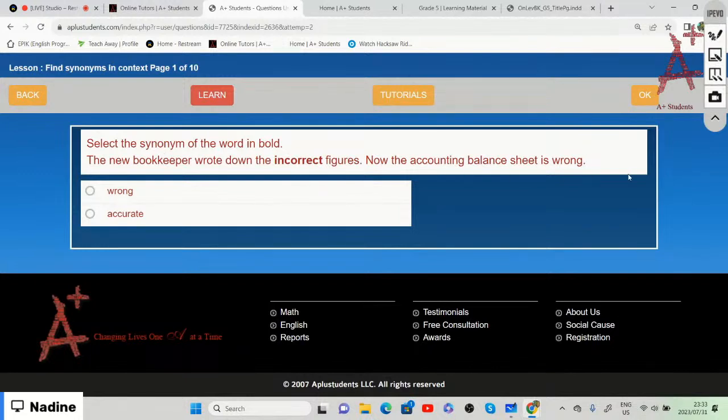So we need to find the same or a similar word to incorrect within the sentence. If something is incorrect, does it mean that it is wrong or does it mean it is accurate? We need to find the word the same as incorrect.